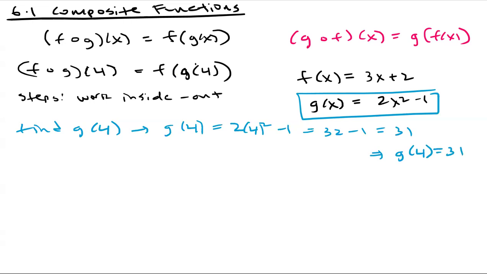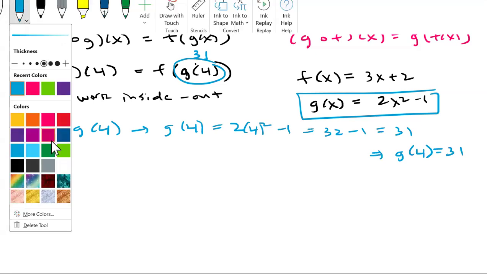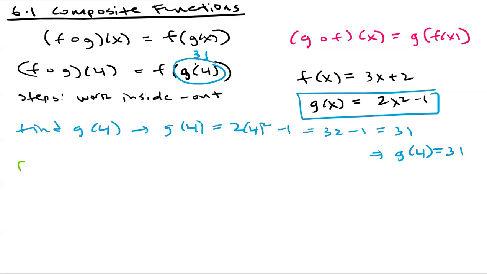What do I do with that information? Well, I take that information and now I plug it in for f. So now this in here is going to be replaced by 31. So I need to find f of 31.